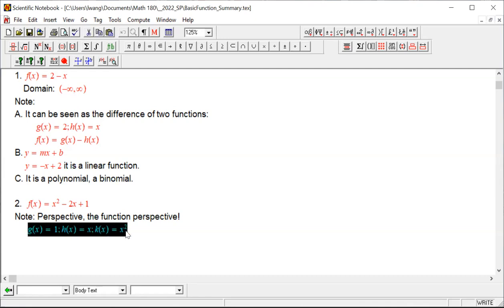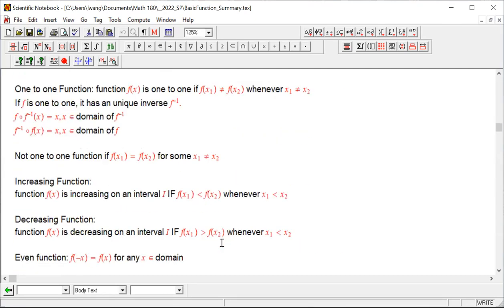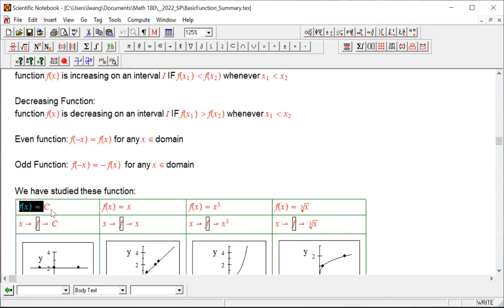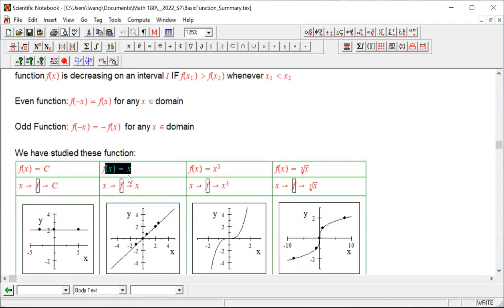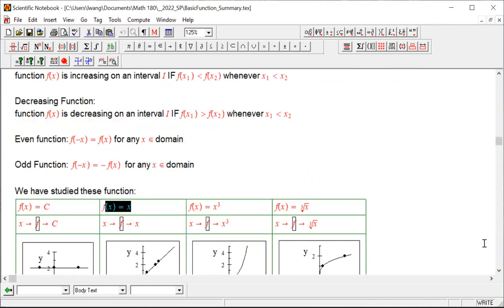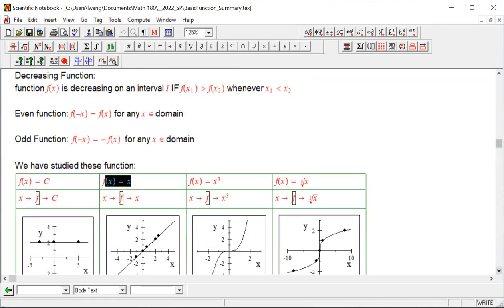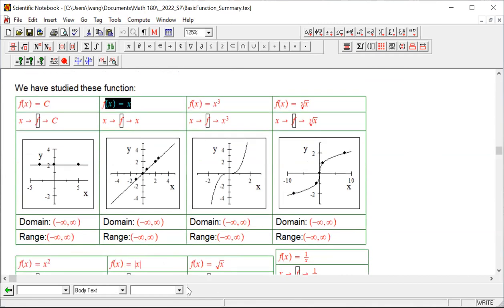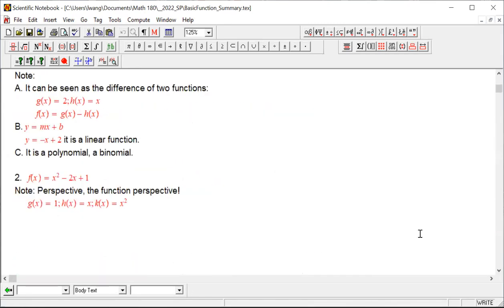These are the 3 kinds of functions we studied earlier on, didn't we? Constant function, linear function, square function. Where is my square function? Right here. x squared.